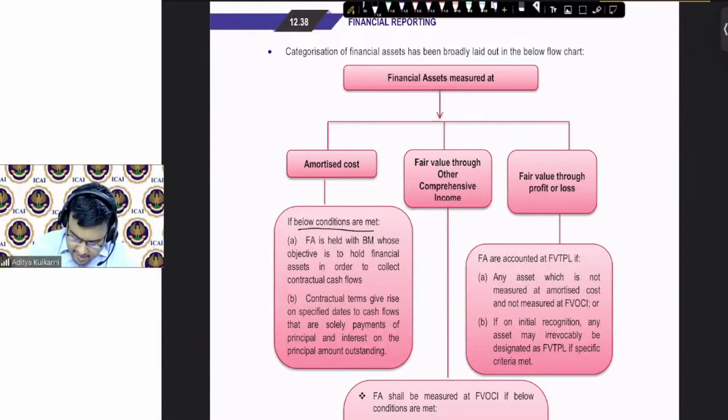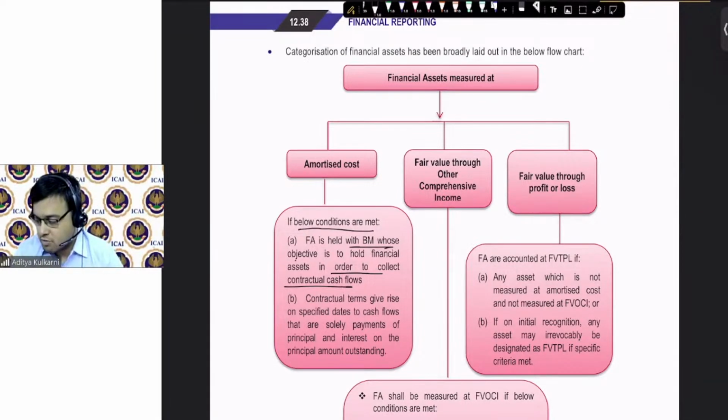Financial asset is held within a business model whose objective is to hold financial assets in order to collect contractual cash flows. So this is important. Business model whose objective is to collect contractual cash flows. Okay. So that is exactly what they have mentioned.